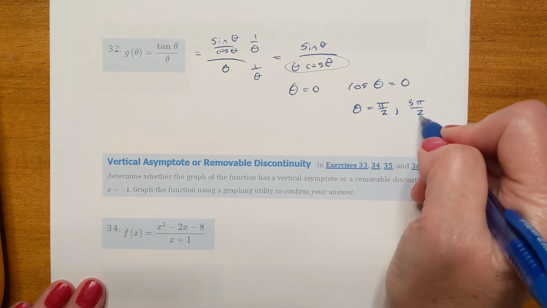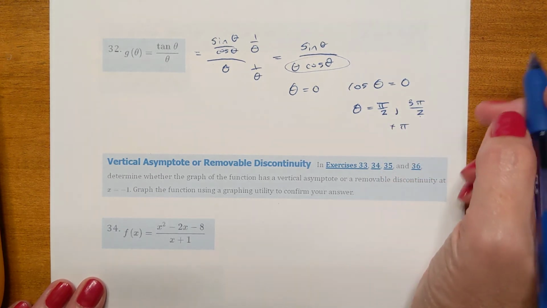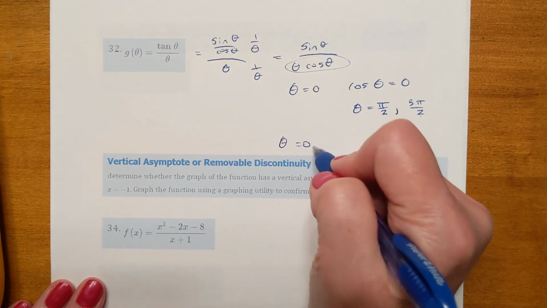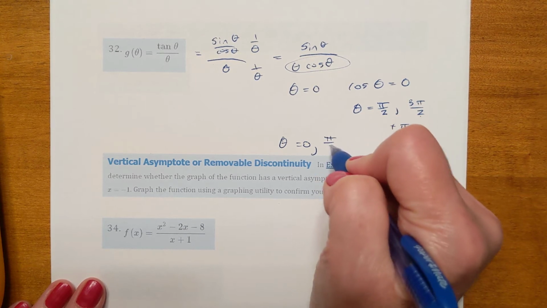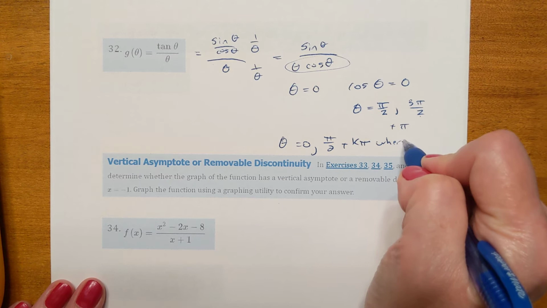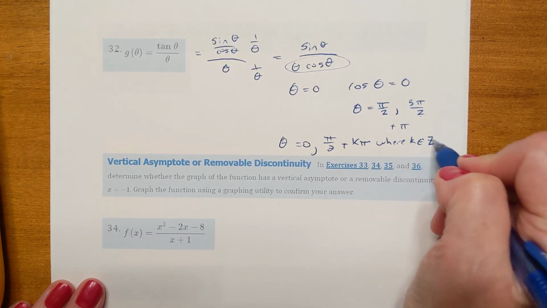So notice that's 1 pi more. So every pi, it's going to repeat and be a 0. So the final answer on it would be theta equal to 0 and pi over 2 plus k pi, where k is an element of integers, z.